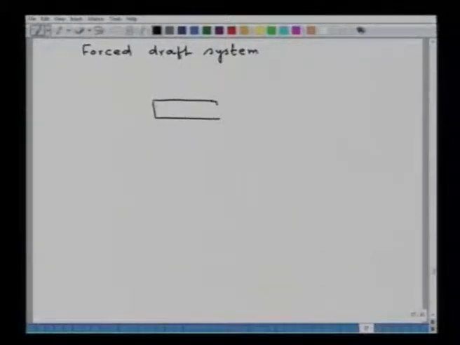So, another type is the forced draft system. Now, in the forced draft system, what you do, this is the furnace, again this is the furnace, here you have the flue, and here you have the chimney.